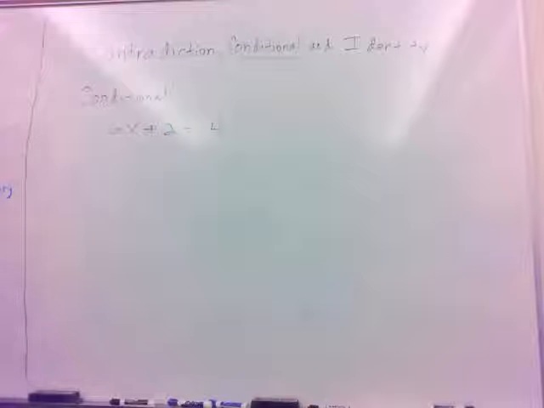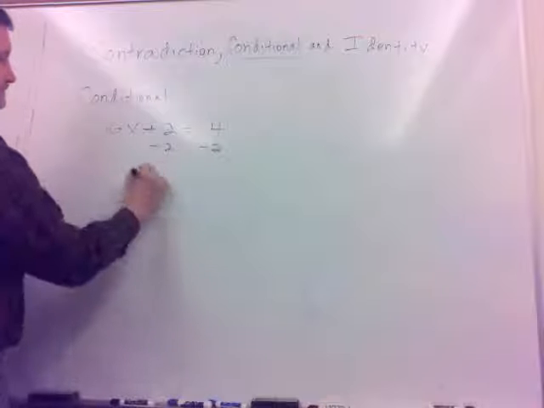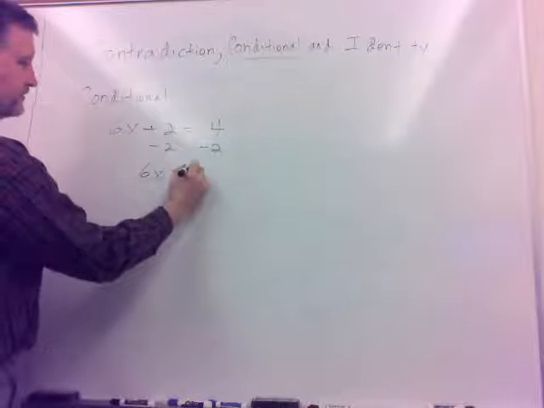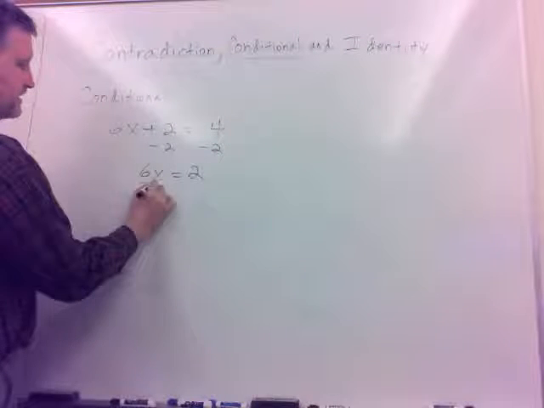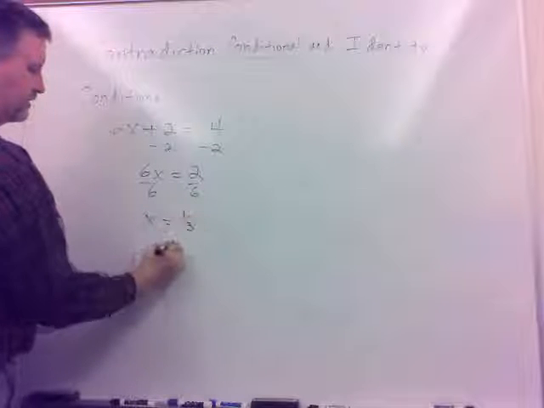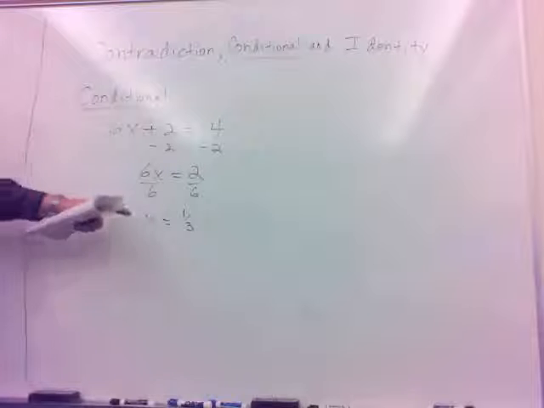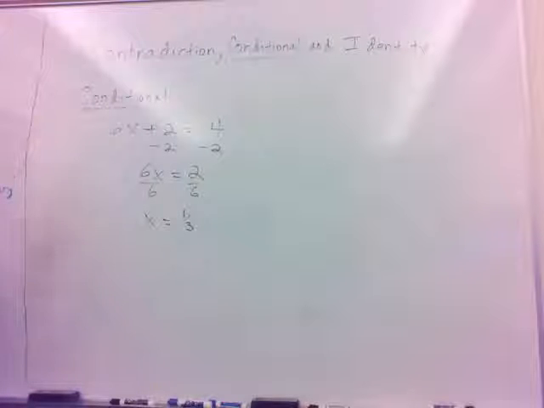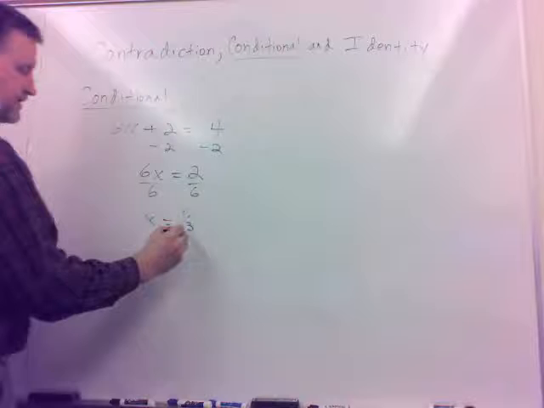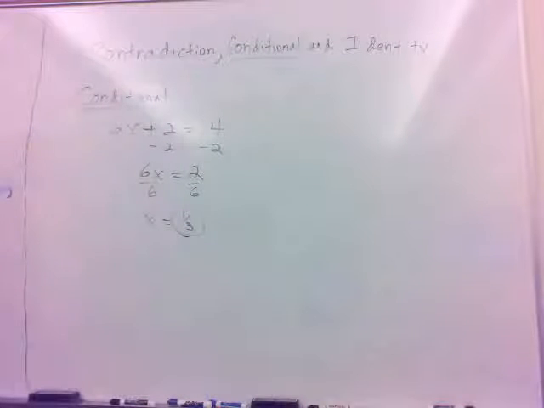There's only one answer to that particular equation. Subtract 2, 6x equals 2, divide by 6, x is, reduce those by 2, you get 1/3. So that's an example here of a conditional. A conditional equation only has a fixed number of answers. It has one answer or two answers or just a fixed number. That's called a conditional equation.